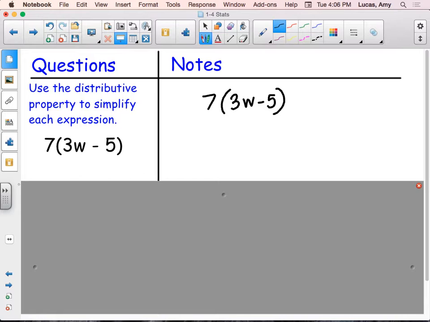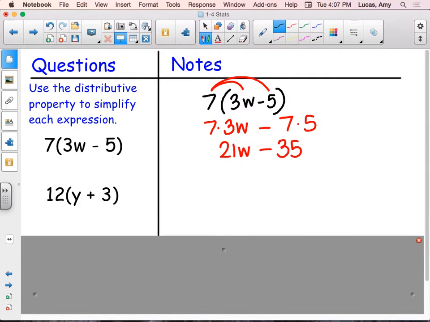So if I distribute and multiply my 7 times everything in the parentheses, it means 7 times 3w minus 7 times 5. 7 times 3w is 21w, and 7 times 5 is 35. So 7 times 3w minus 5 is 21w minus 35.